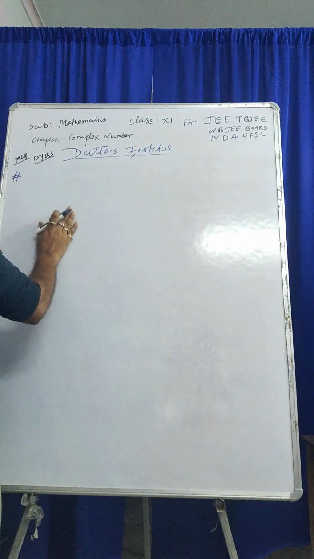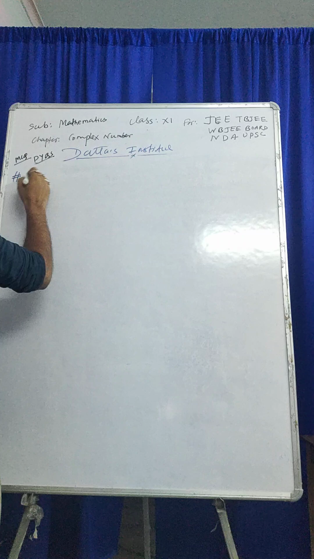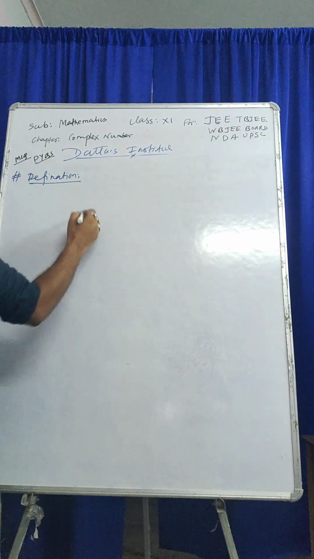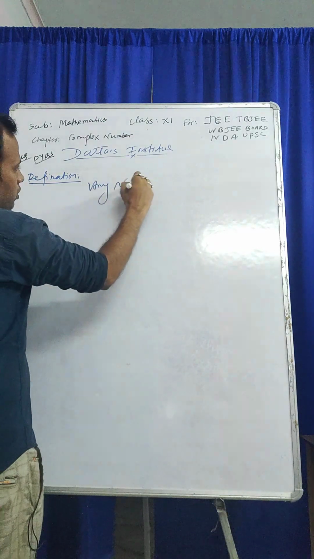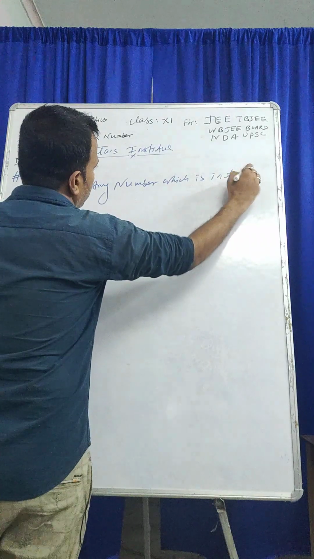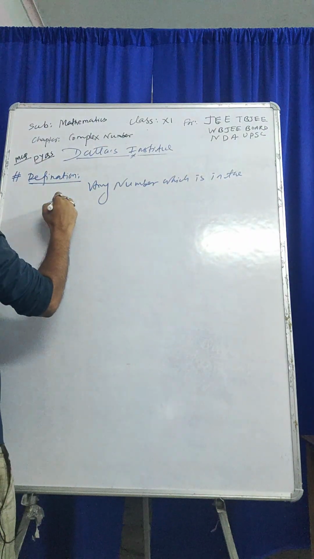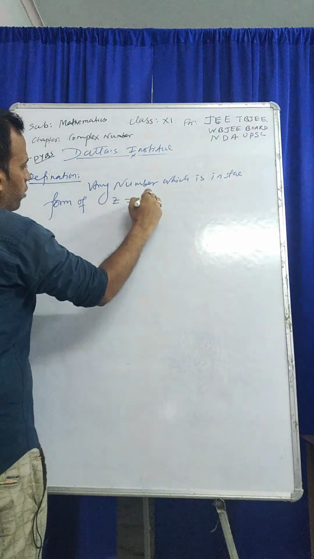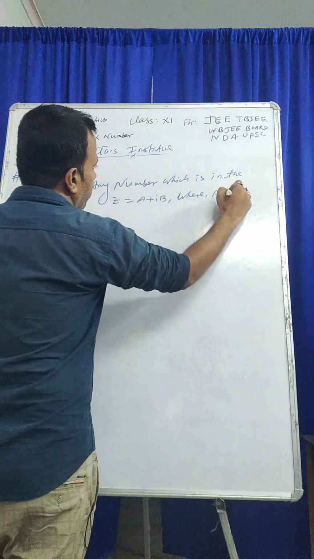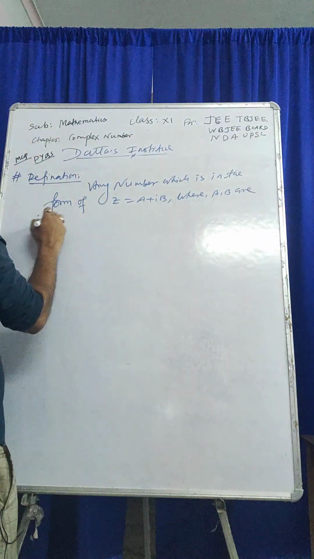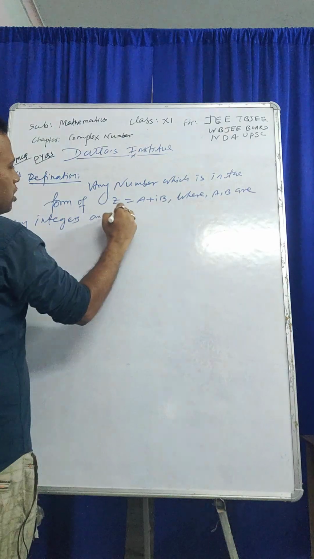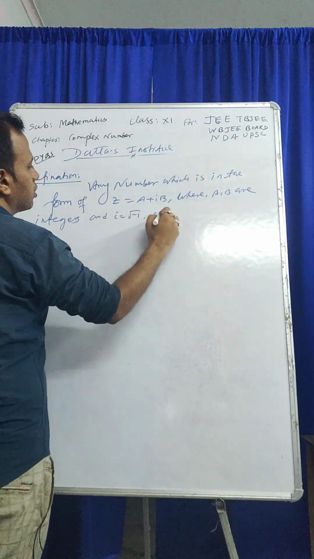Okay, so complex number, what is complex number? So what is the definition of complex number? How can we define a complex number? Any number which is in the form of z is equal to a plus ib, where a, b are integers or constants, and i is equal to root over minus 1, is called a complex number.